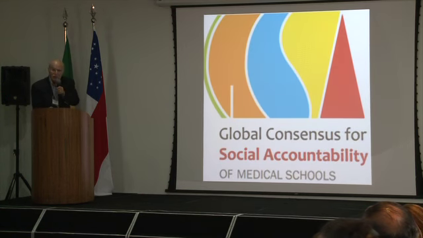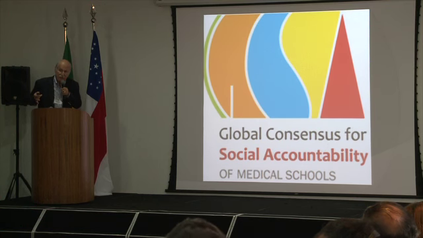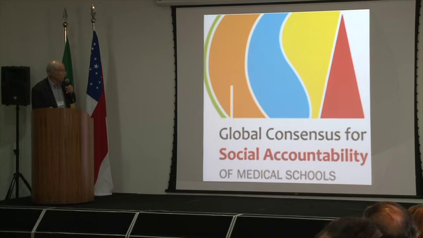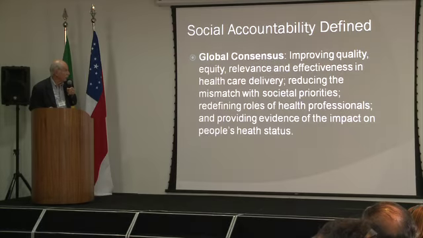Nothing much happened then for a few years until 2 years ago when Dr. Bolin, again, joined with a Canadian colleague, Bob Woolard, from the University of British Columbia, and they organized a program to develop a statement entitled Global Consensus for Social Accountability of Medical Schools.